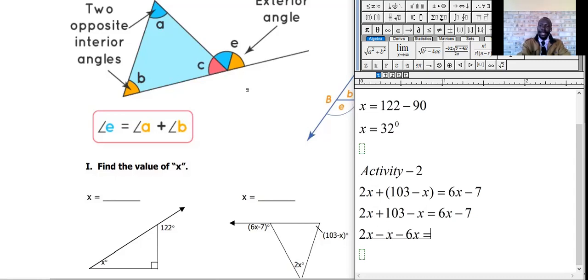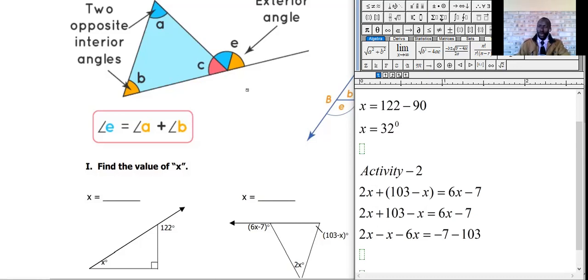Then on the right-hand side, we are going to be remaining with negative 7. And onto it, we add this other one here. We transfer the 103 onto that side. When we do that, we are going to be having negative 7 minus 103.